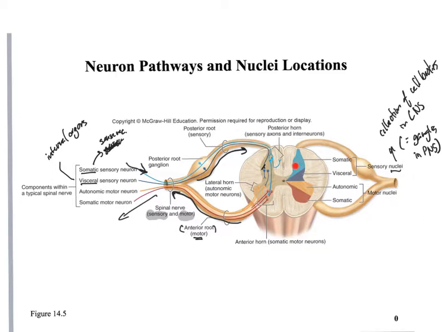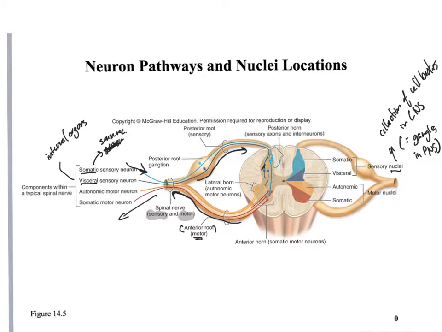Here are the somatic sensory and visceral sensory nuclei. That's what you have in the posterior horn of the gray matter. Then you have the autonomic and the somatic motor nuclei that go out. The posterior root comes in and relays that information over to a motor root, and then it goes out.